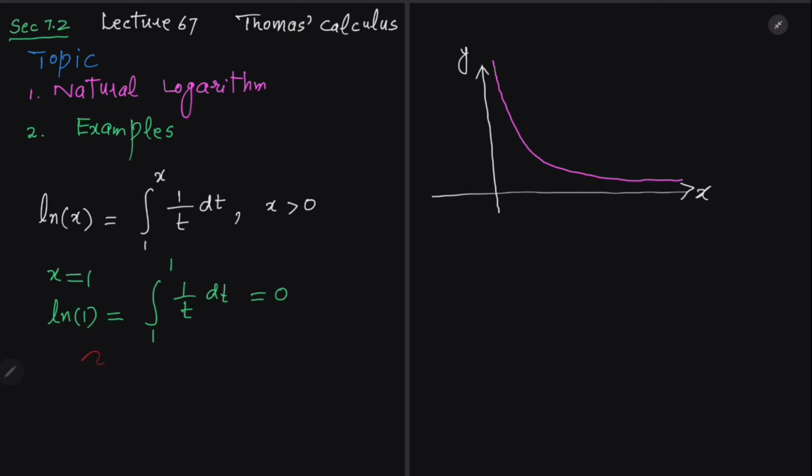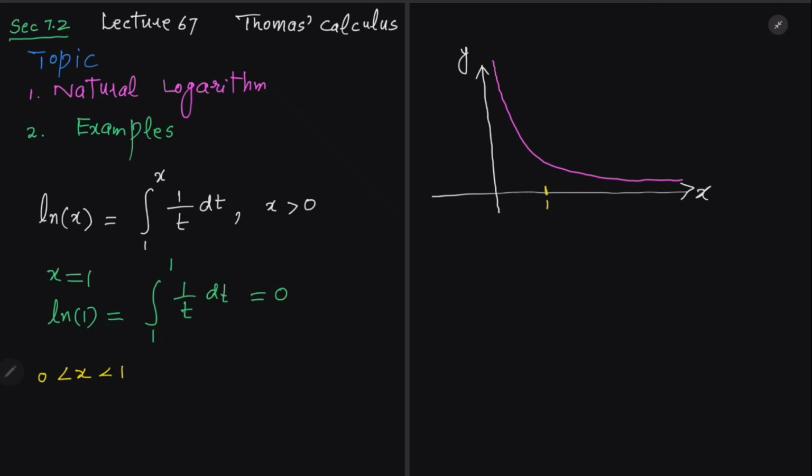Now suppose x is between 0 and 1. We already decided one point over here, which is 1, and we want to put the value of x between 0 and 1.